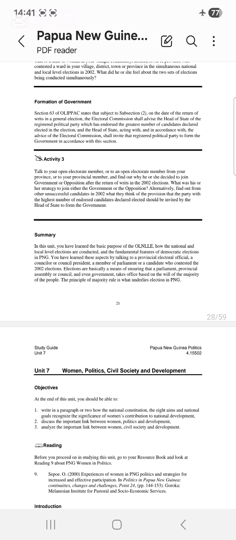And the head of state, acting with and in accordance with the advice from the Electoral Commission, shall invite the registered political party to form the government in accordance with this section. So Section 63 of the OLIPEC is an invitation. In other words, under Section 63, the Governor General will invite the leading political party in the election.